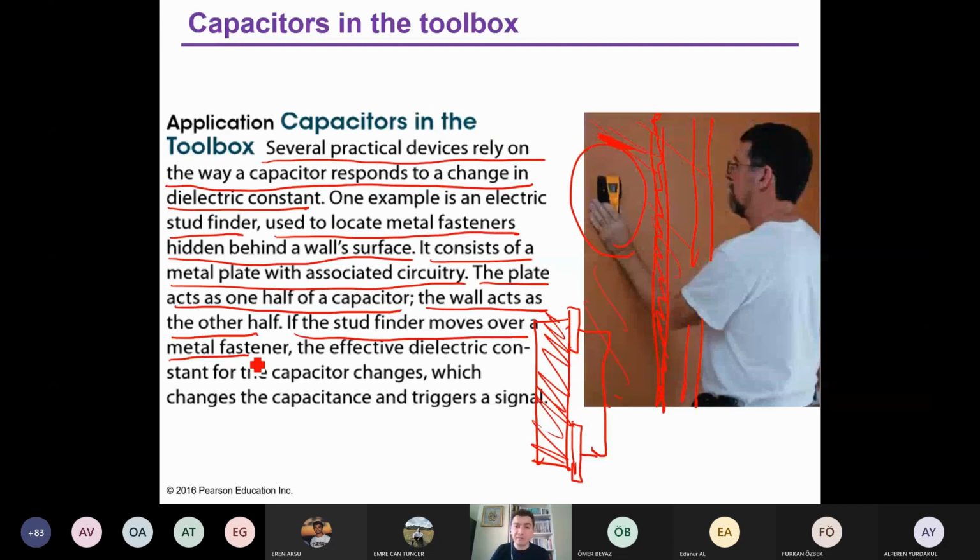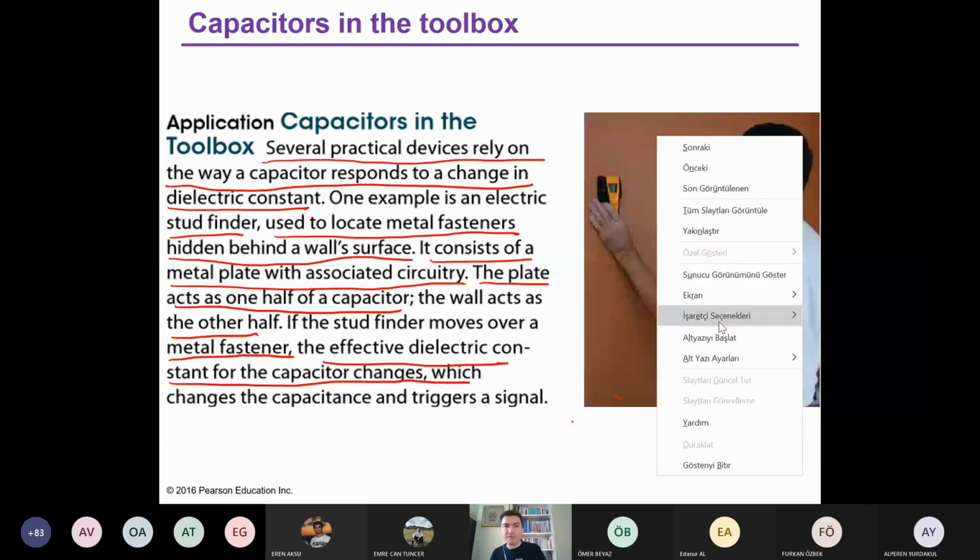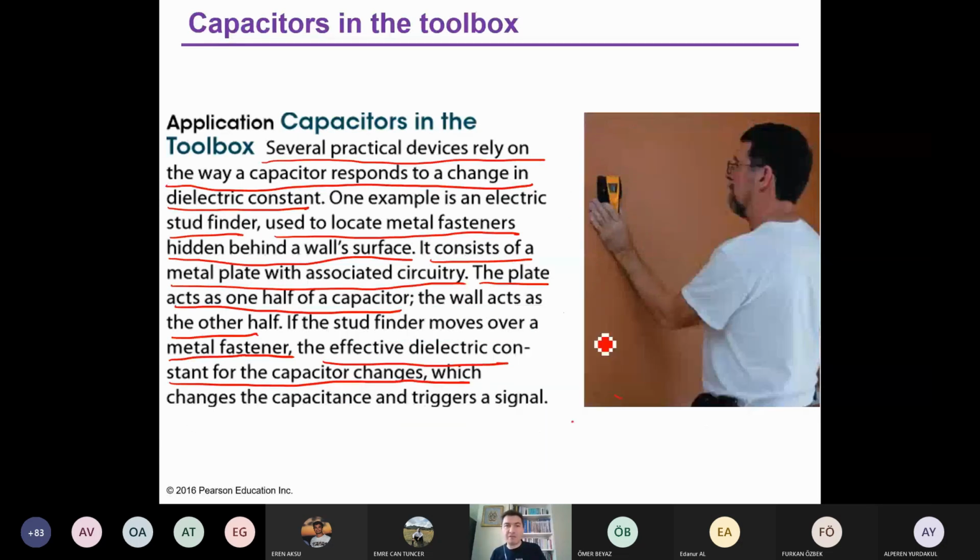This is the explanation, and let me also explain in this way. Just consider that you have two metal plates with nothing between them, and you have a certain charge Q and negative Q on the plates, a certain potential difference between the plates, and then a certain capacitance.